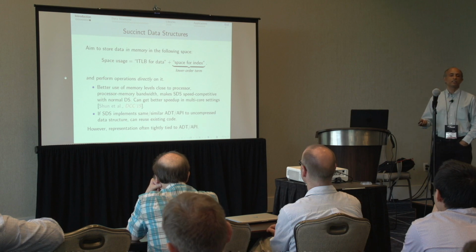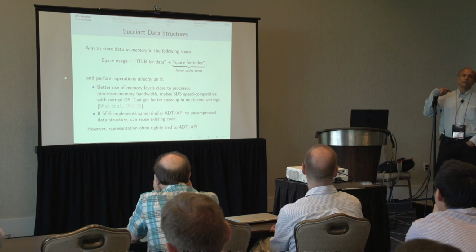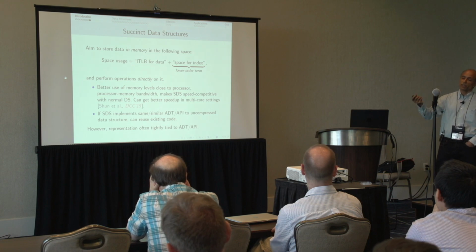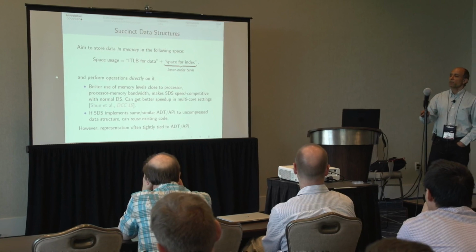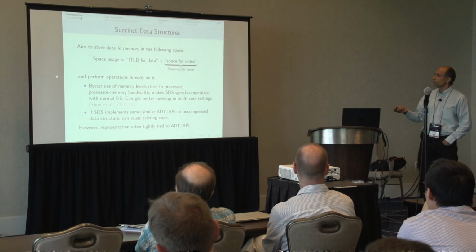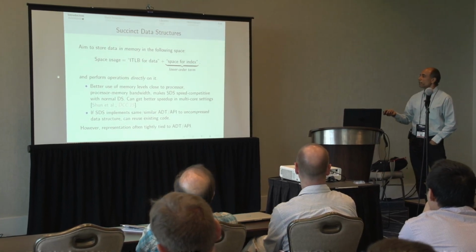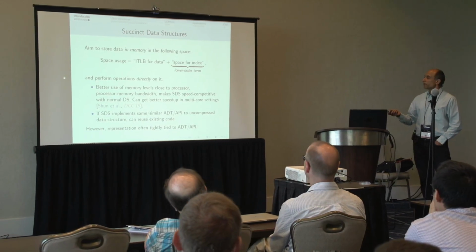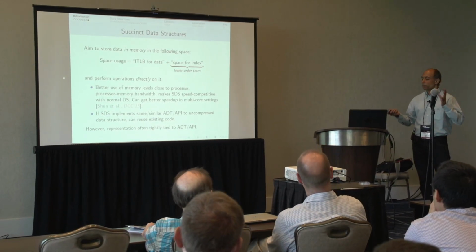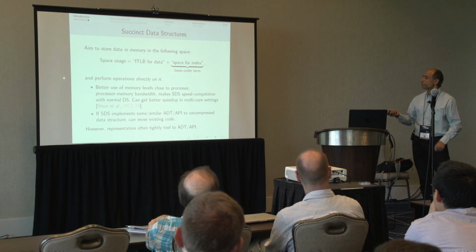So if you've got a normal data structure and the data isn't so big that it doesn't fit in memory, then the SDS will be maybe a couple of times slower, perhaps, unless you're very good at engineering this SDS. But obviously, the main point is that you can handle larger data sets.